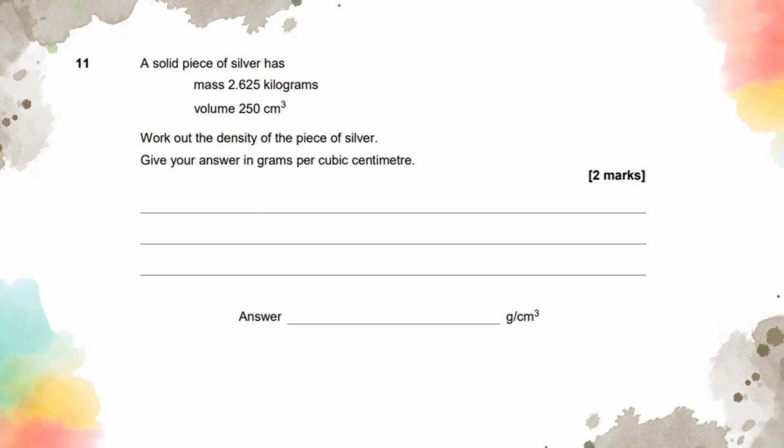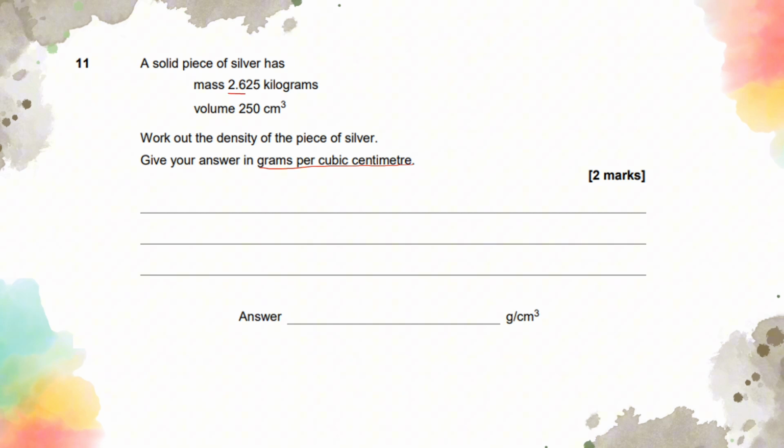Right, question 11. A solid piece of silver has mass of 2.625 kilograms, volume 250 centimeters cubed. Work out the density of the piece of silver. Give your answer in grams per cubic centimeter. Okay, grams per cubic centimeter is what we need to give our answer as.